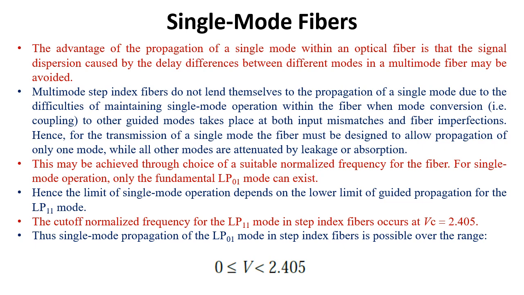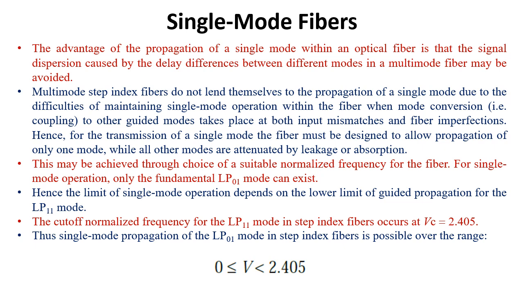The cutoff normalized frequency for the LP11 mode in step index fibers occurs at Vc equal to 2.405. Vc means the critical V number. The V number must be equal to 2.405 or less. So a fiber with V number greater than 2.405 will never be single mode.